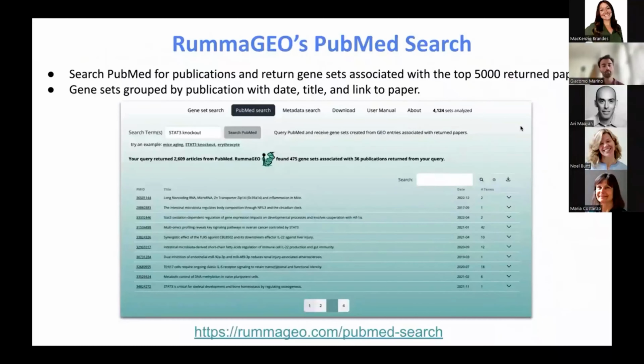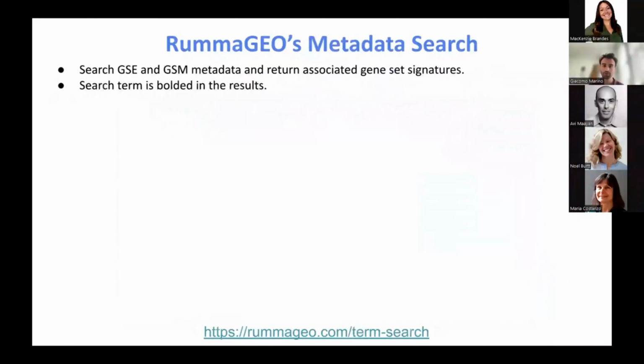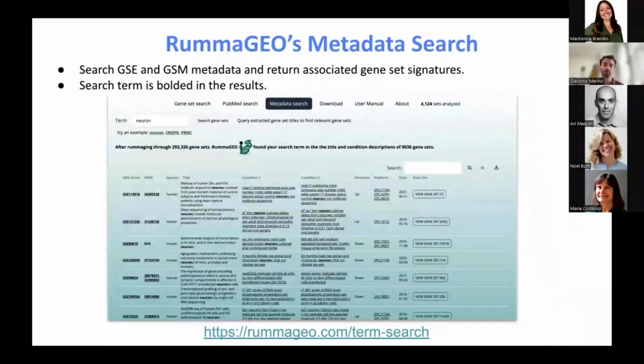And then for PubMed search, you can search the PubMed API and get returned papers that have corresponding gene sets in RummaGEO. So you can expand any of these after you search. And then we also have a metadata search to directly search the GEO metadata, and we'll bold the search term in the results.